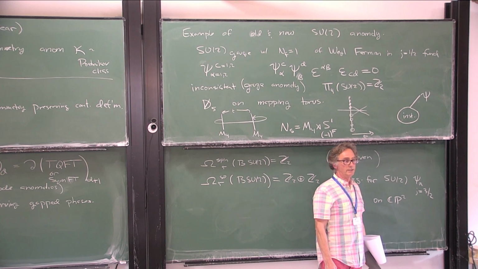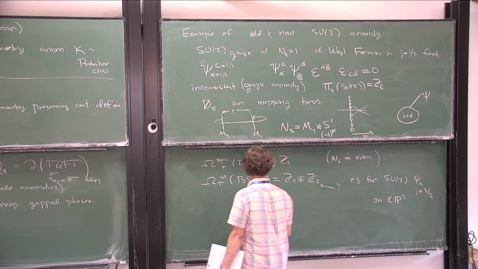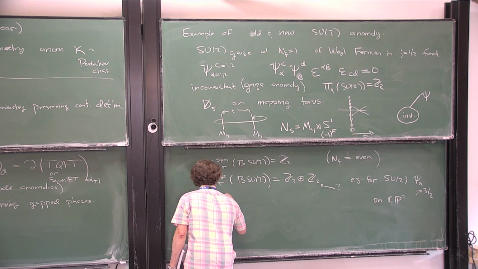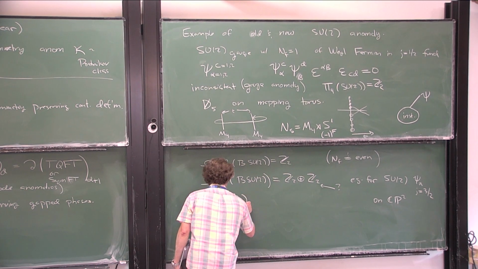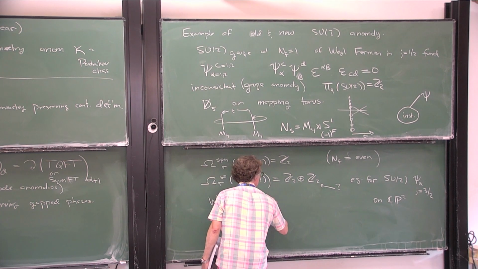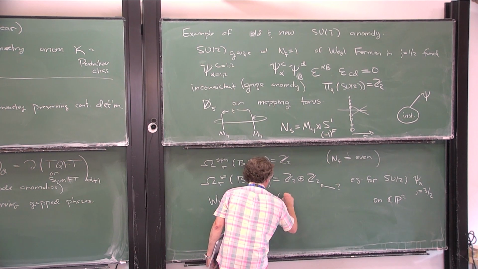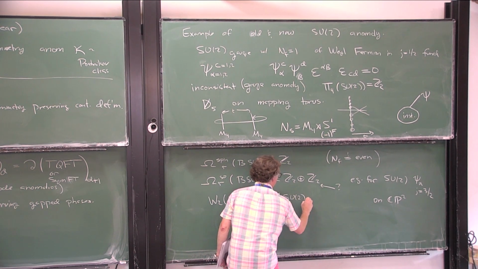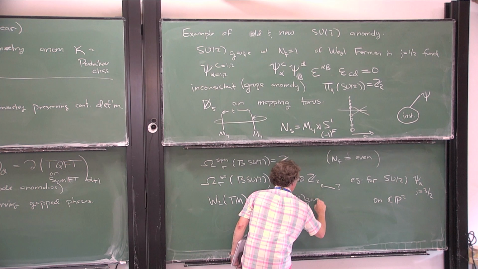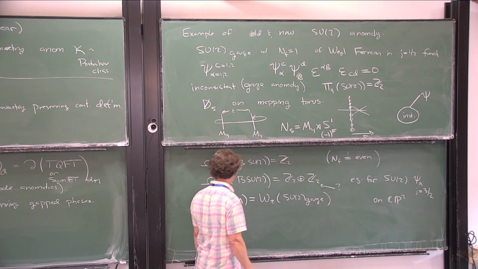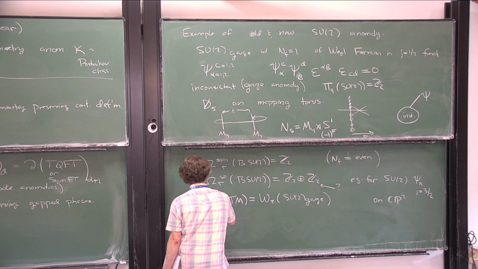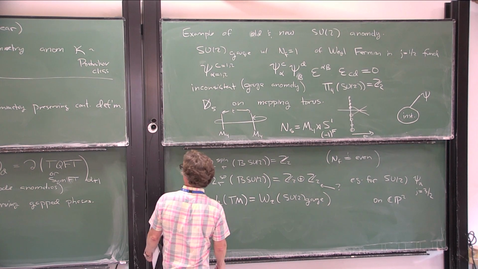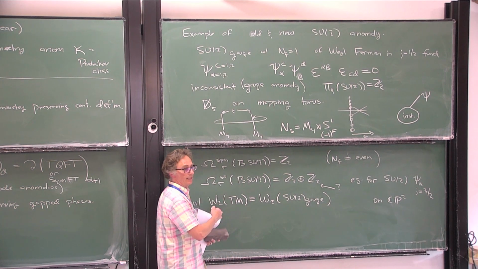And you could put it on CP2 by taking w2 of the tangent bundle equal to w2 of the SU2 gauge bundle. And then you get these anomalies that I wrote down.